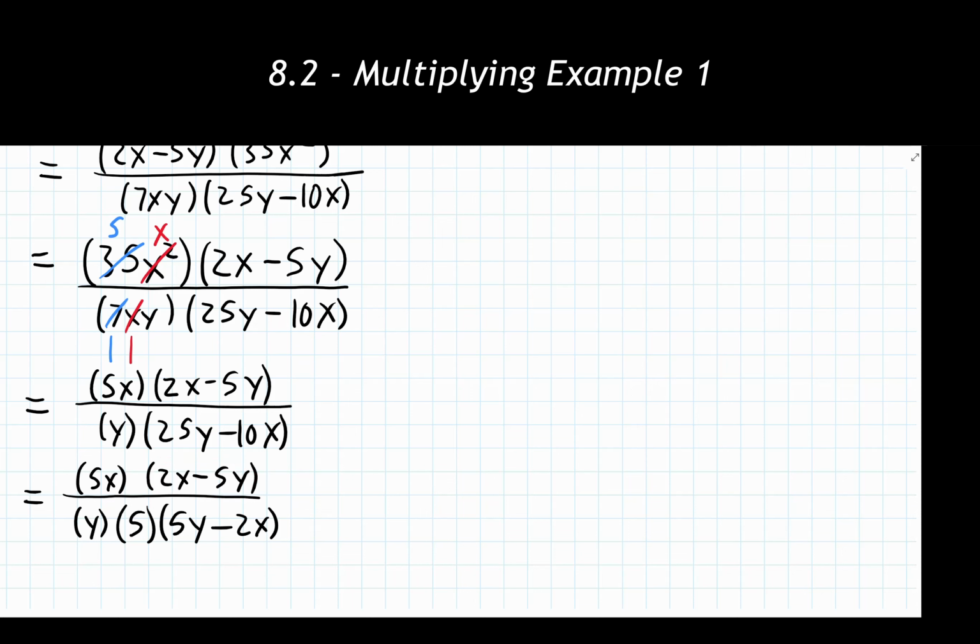And now I'm noticing, well, hold on, this 2x minus 5y looks really, really similar to what I have down here in this denominator, this 5y minus 2x. I have 5y and 5y, but the denominator one's a positive, the numerator one is a negative. If I look at the 2x's, I see positive 2x up top, negative 2x down below.